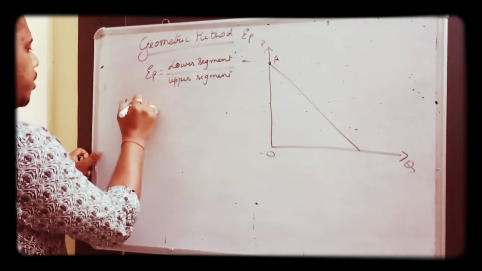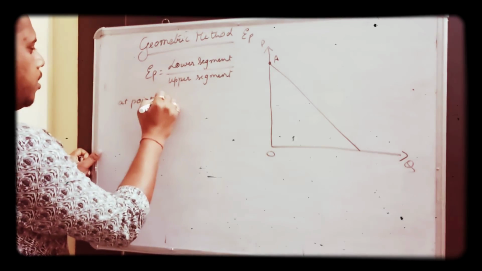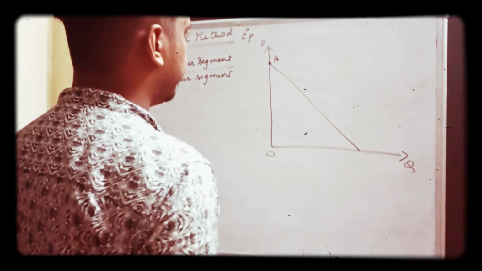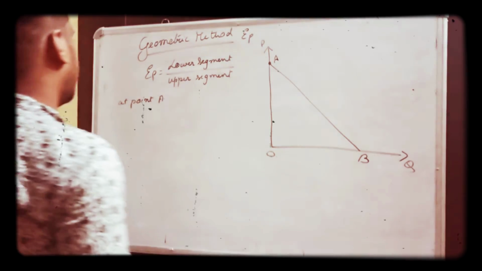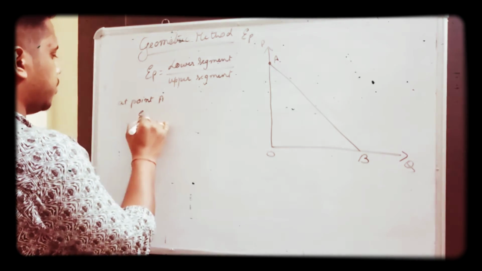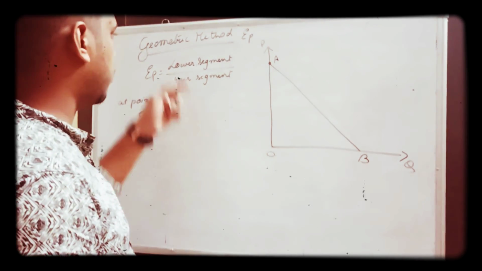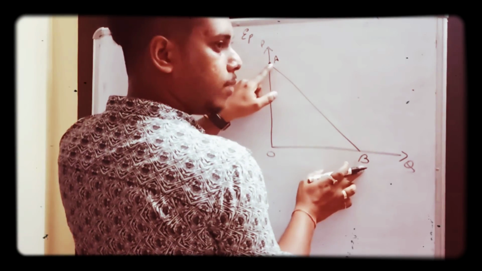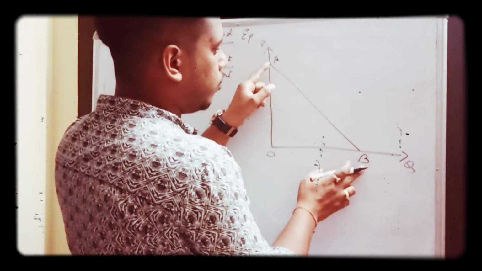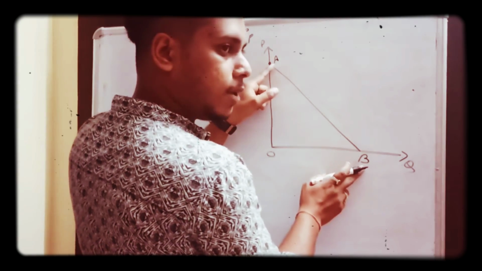At point A, EP equals, the formula is lower segment by upper segment. At point A, your lower segment is AB. Below the point you have the lower segment, and the segment is AB.